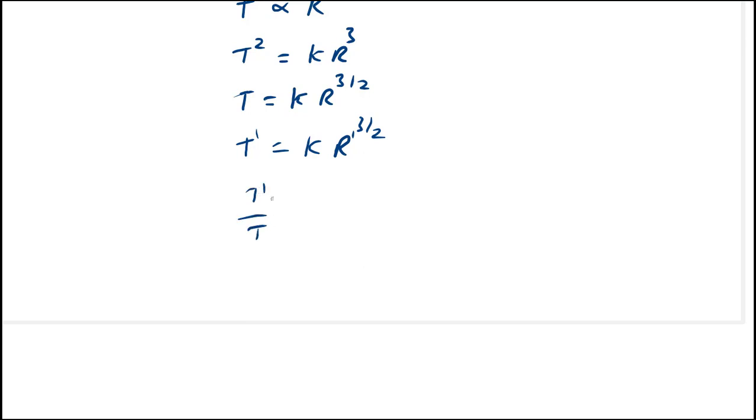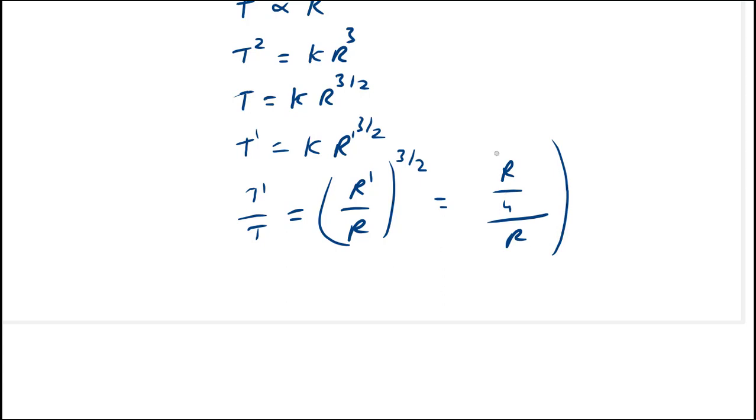T dash upon t would be, of course, r dash upon r raised to 3 by 2. But r dash, as we have seen above, is r by 4. So what we have here is r upon 4 the whole raised to 3 by 2.